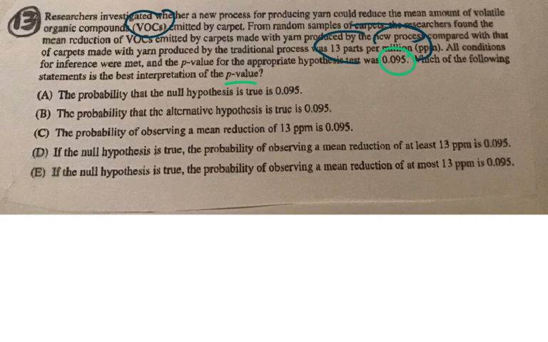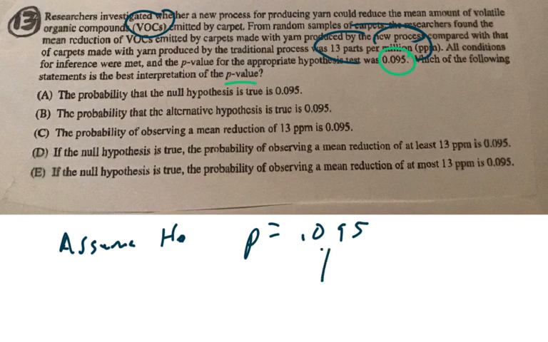Now, guys, this is kind of tricky because when we discussed this in class, hopefully you were there. Remember, what you do on any test is you assume H naught. And so when our p-value came out to be 0.095, that's telling me we only have a 9.5% chance that H naught actually was satisfied.